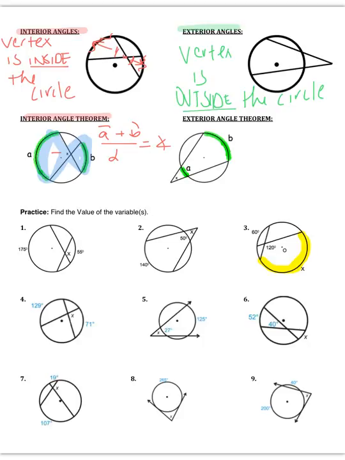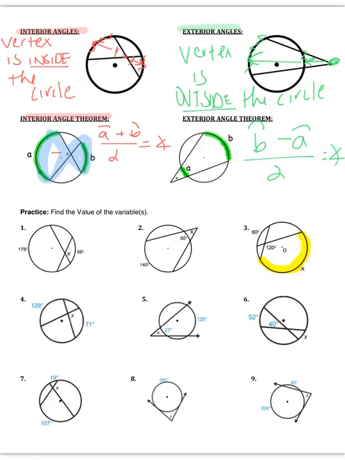Notice again, this angle corresponds to two arcs because it cuts my circle twice. So when it's outside, I take my bigger arc, B, and subtract my little arc, A, and then I divide by 2, and that's going to get me my angle.